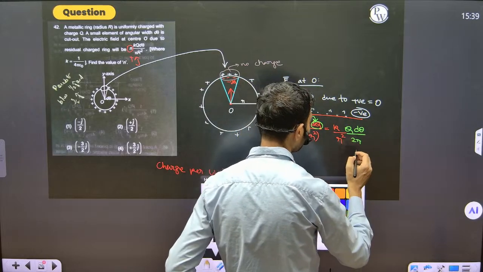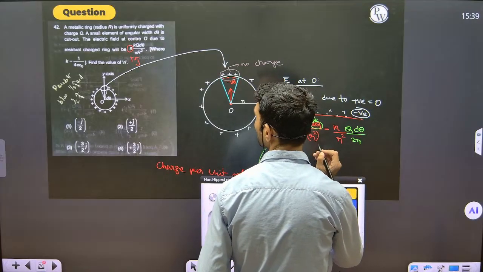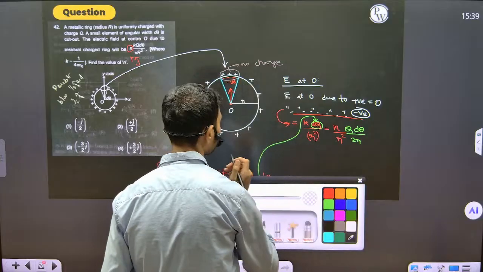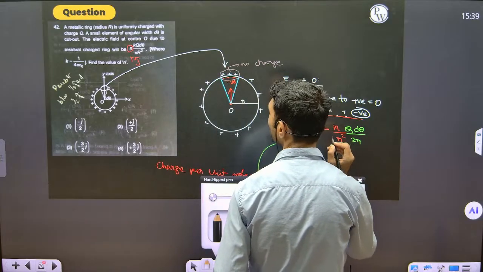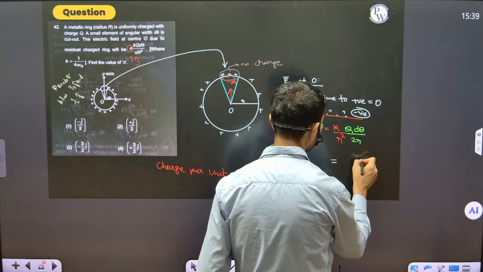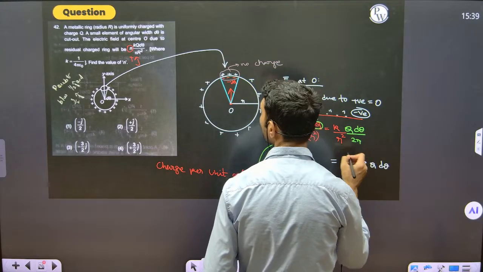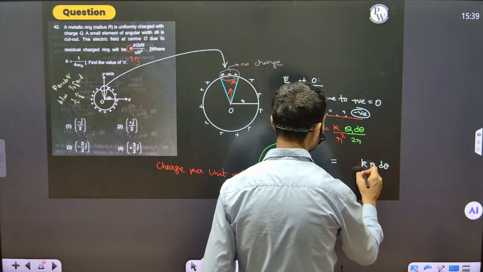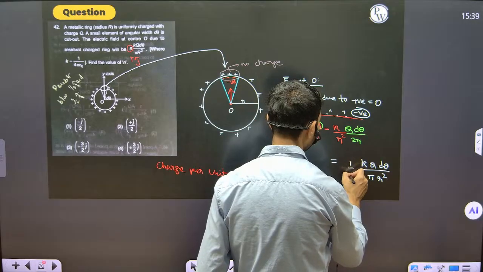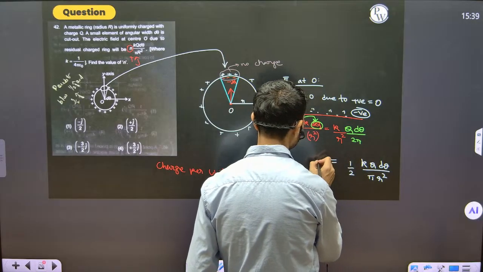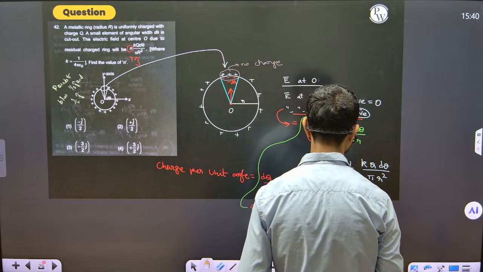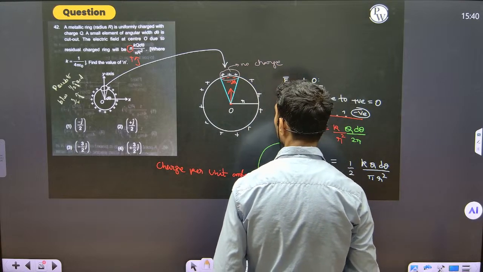And now, if you simplify this, what will you get? That will be k Q d theta divided by pi r square into 1 by 2. That is the electric field magnitude. And what is the direction? In the upward direction.